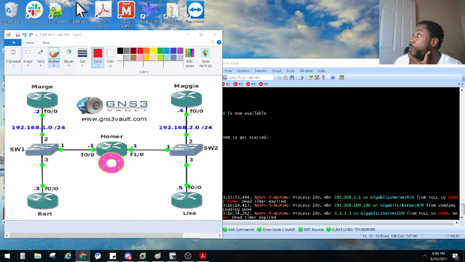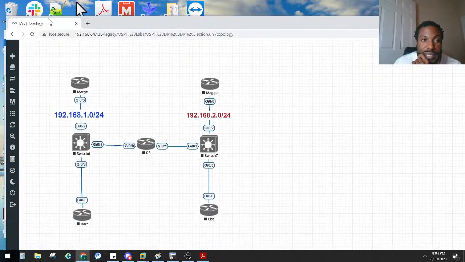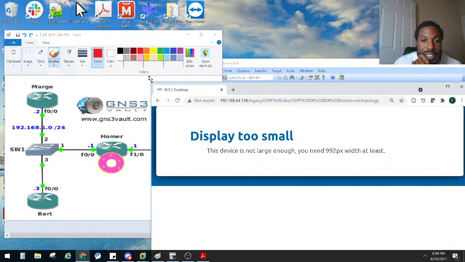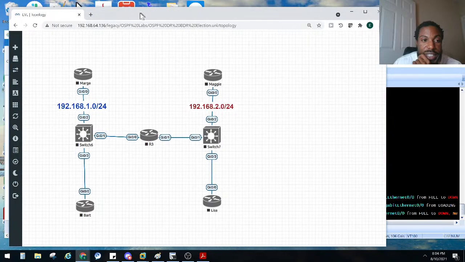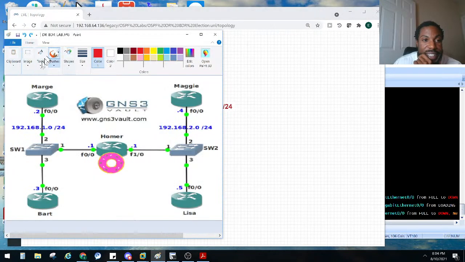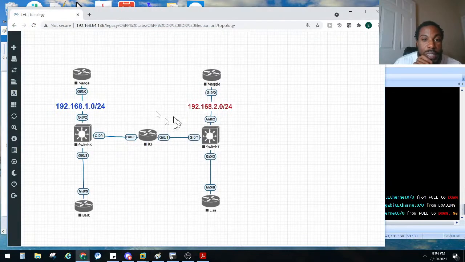Anyway, yeah, so we're going to be working with this. Let me go ahead and pull up that topology here. Yeah, this is the topology right here. I like to do my annotations so that y'all can see when I explain stuff, so I'm going to keep that up. This is the topology we're going to be working with.